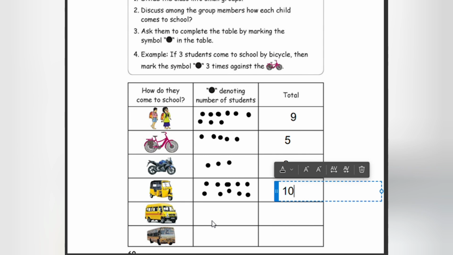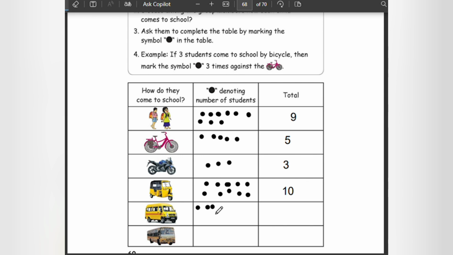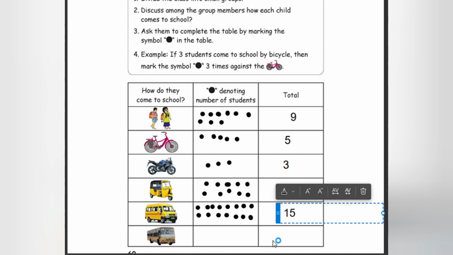Then here by van, how many is coming? 1, 2, 3, 4, 5, 6, 7, 8, 9, 10, 11, 12, 13, 14, 15. So you can write here as what? Here write as 15.